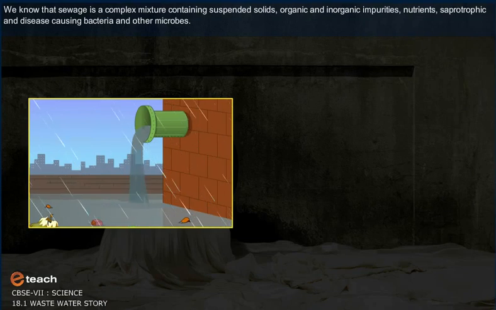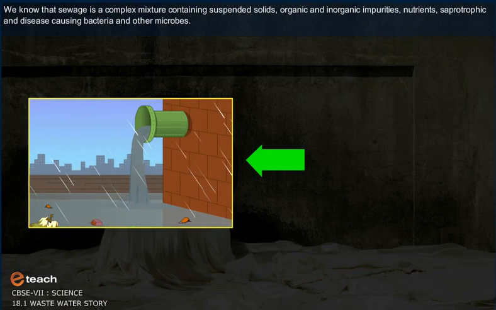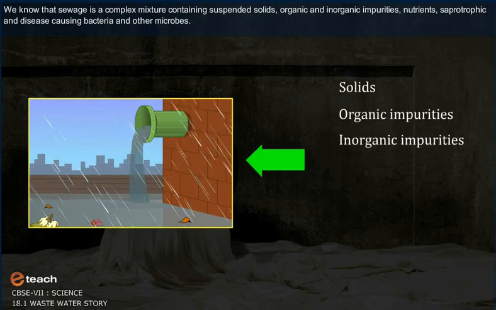We know that sewage is a complex mixture containing suspended solids, organic and inorganic impurities, nutrients, saprotrophic and disease-causing bacteria and other microbes.